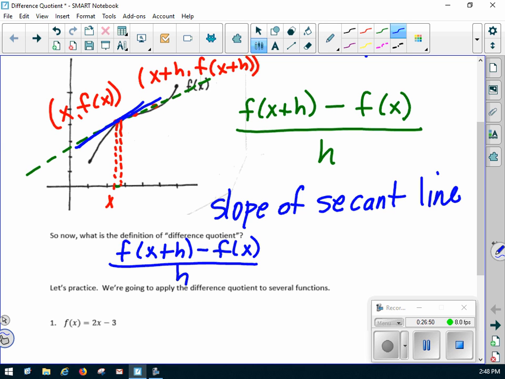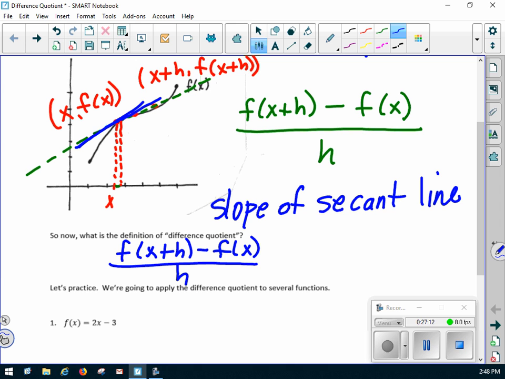Let me back up. If I keep making that h smaller and smaller and smaller, then this point, x plus h, f of x plus h, is going to get real close to what? X, f of x. So they're going to look like the same point. They're going to be so close together.